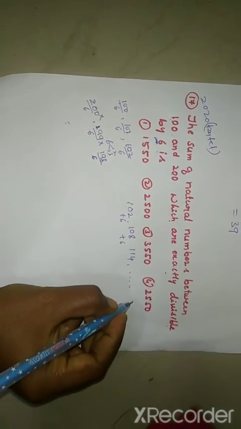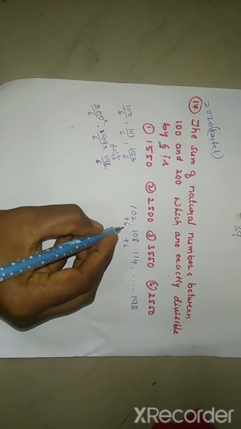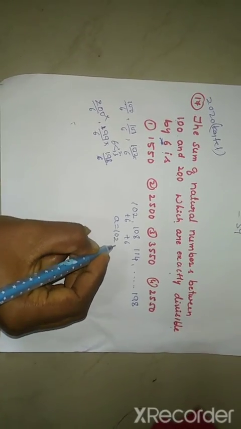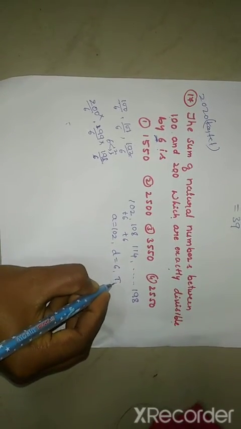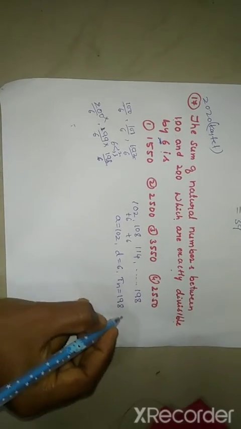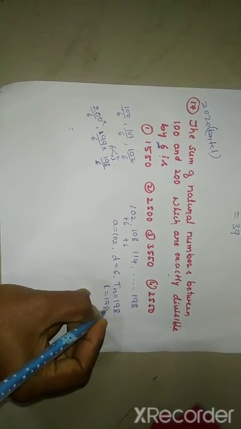So the nth term is 198. We already know the value of a is 102 and the common difference is 6. We call this last term L. L is equals to 198.